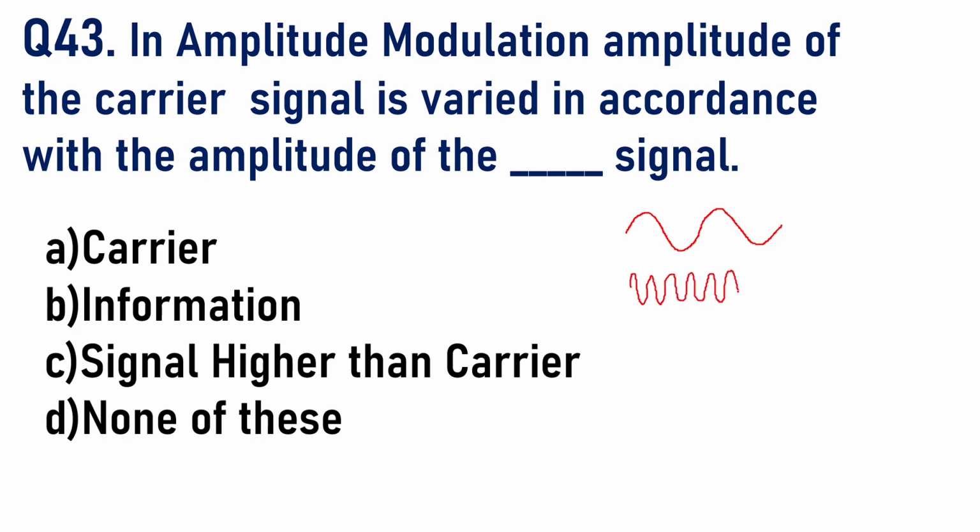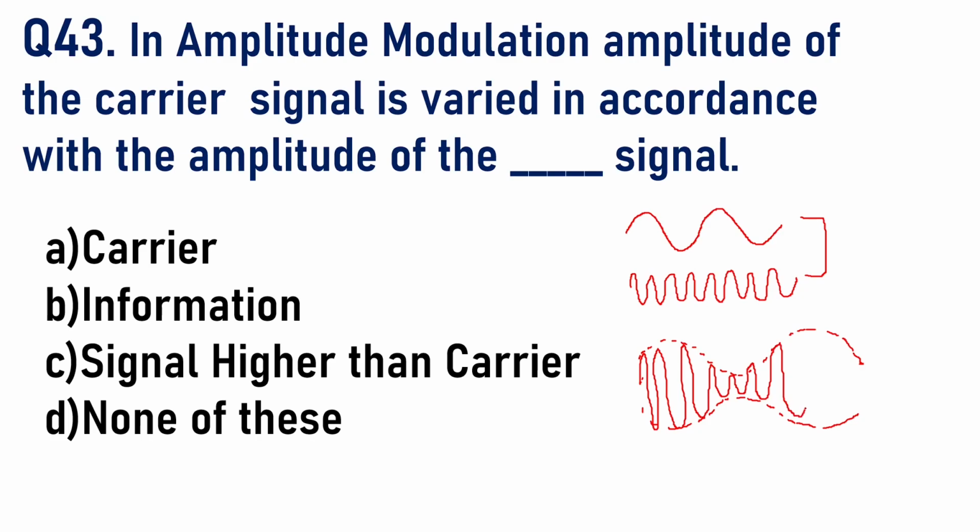When you superimpose these, the amplitude of the carrier is varied according to the information signal, and we get a waveform at the output which varies according to the amplitude of the information signal. This is your carrier frequency, whose amplitude will vary according to the instantaneous value of the information signal. So this is your AM wave.